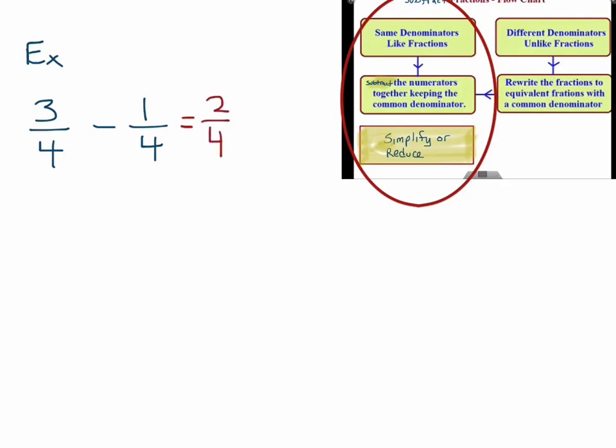Now, we have to look and see if we can reduce, which we can. 2 is half of 4, so keep that in mind. So I'm going to divide this by 2. We have to divide both numbers by the same, and that's going to equal 1/2. And remember, I said 2 is half of 4. That makes sense? It should. So there's one example.